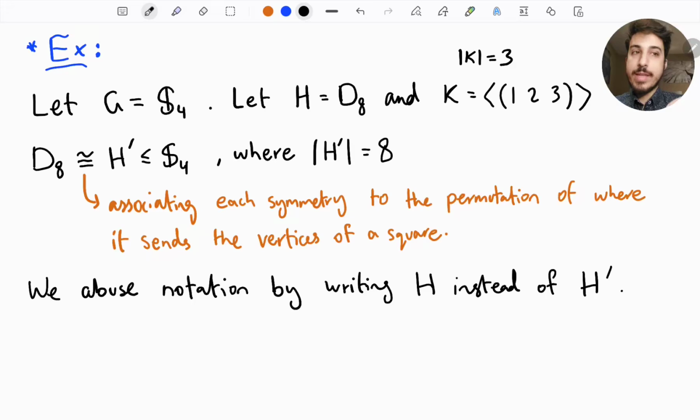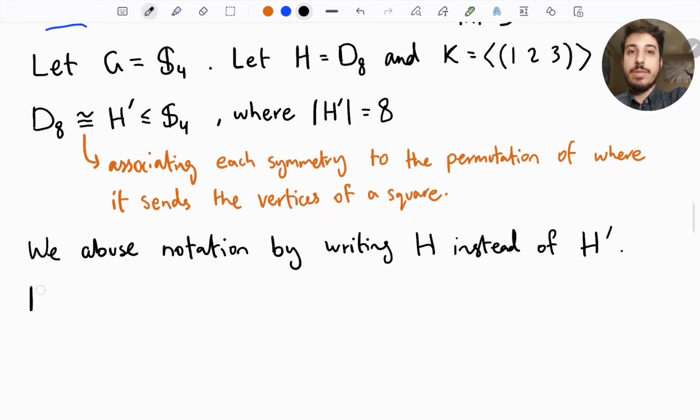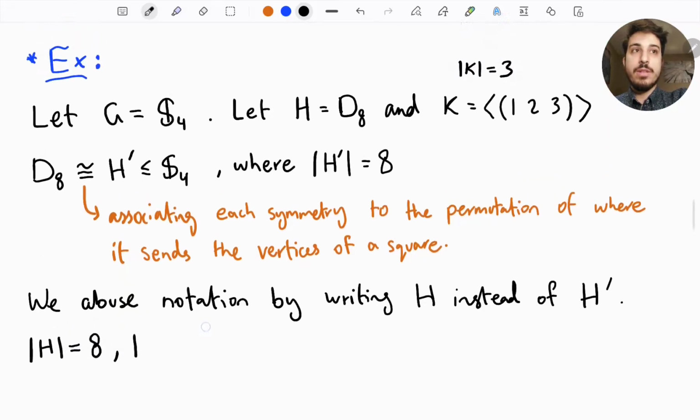But I'd like you to always keep that in mind, that we're not dealing with H here, we're dealing with H prime, which is a subgroup filled with permutations, not symmetries. Anyways, knowing this, we know that the subgroup is order 8 because D8 has order 8 and we have an isomorphism. So in an isomorphism, the two groups must have equal order, 8, 8. Great. So we have that the order of H is equal to 8 and the order of K is equal to 3.